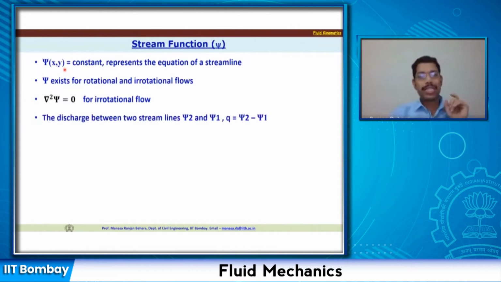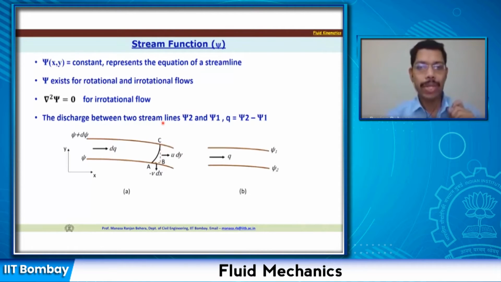The discharge between streamline 1 and streamline 2 is equal to the difference between the values of these psi functions. So I evaluate the psi function for streamline 1 and for streamline 2, then find the difference. That difference gives me the discharge between these two streamlines.